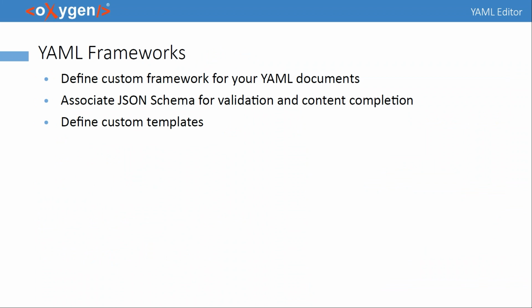You can also extend our frameworks. For YAML documents, you can use your schemas for validation and content completion, define custom templates, add special CSS for rendering, and so on.